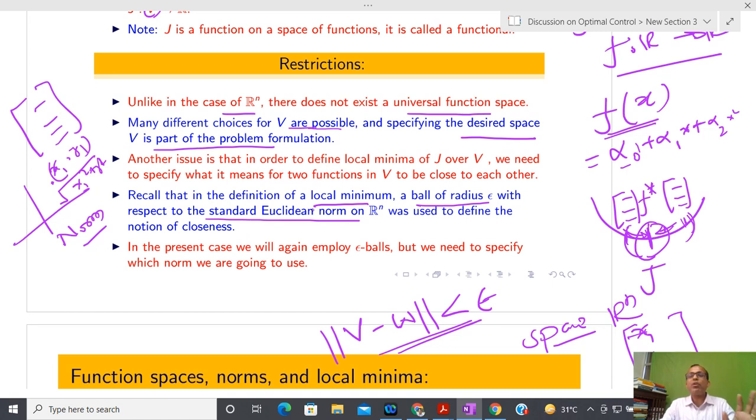So we also have to clearly identify the space. In finite dimensional space I have Euclidean space, so everything is very simple. Now let us try to identify the space whenever we solve an infinite dimensional optimization problem.